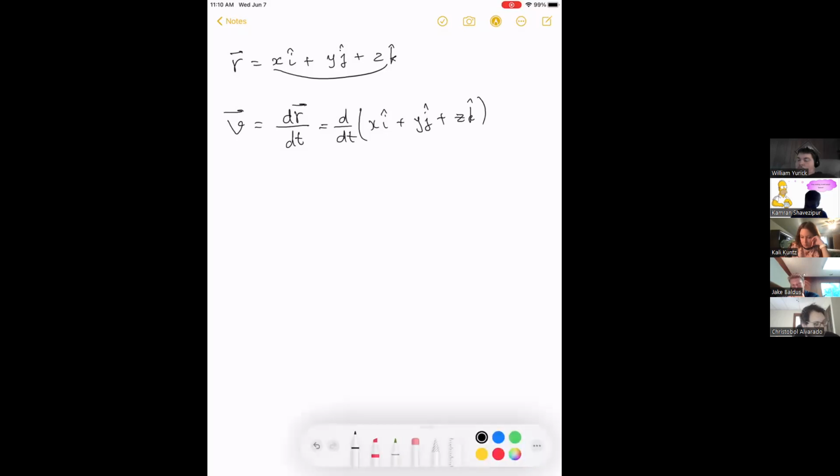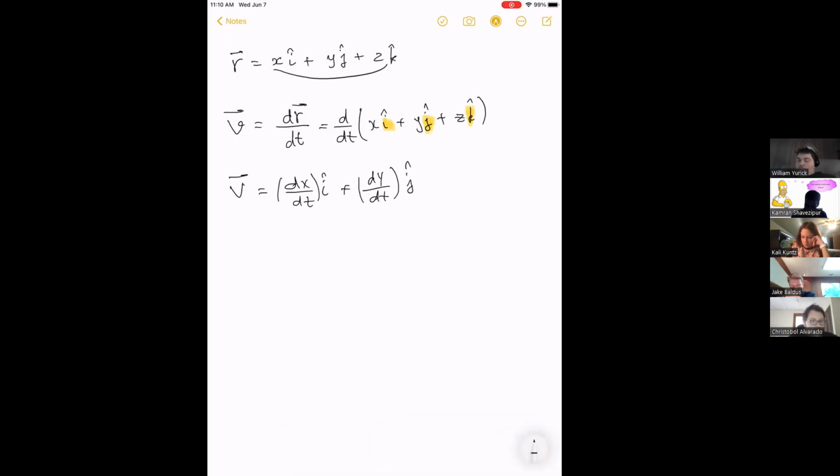Remember, i, j, and k are constant vectors, so they don't have a time derivative. So if you do this, your v is going to be dx/dt times i plus dy/dt times j plus dz/dt times k.